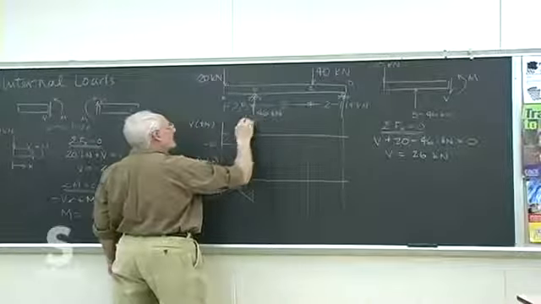Just to make it a little bit easier for us. What's the shear at this end A? Chalk dust getting you? 0. Yeah, it's a free end. There's no load until we actually get into the beam some distance. So we do know we start at 0.